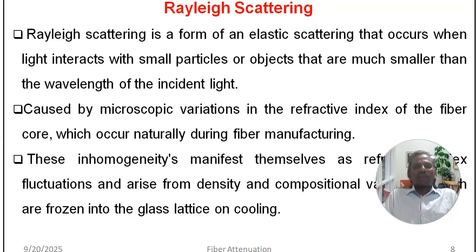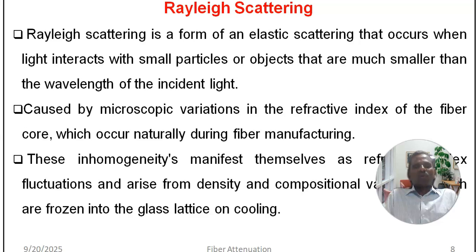Rayleigh scattering is a form of elastic scattering that occurs when light interacts with small particles or objects that are very much smaller than the wavelength of the incident light. It is caused by microscopic variations in the refractive index of the fiber core, which occur normally during fiber manufacturing. So, this Rayleigh scattering is because of minor variations in the fiber during manufacturing.